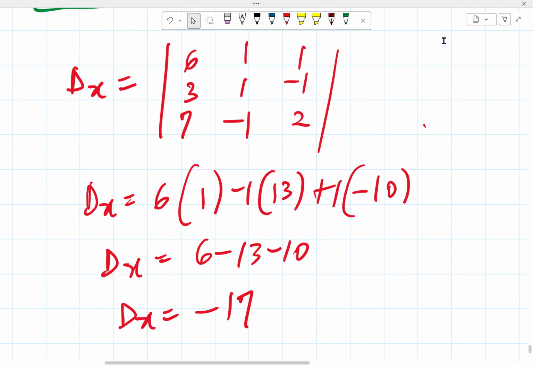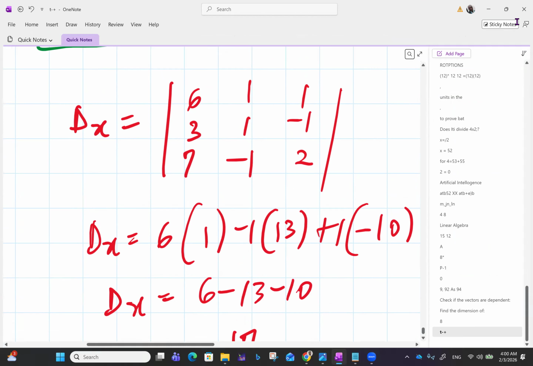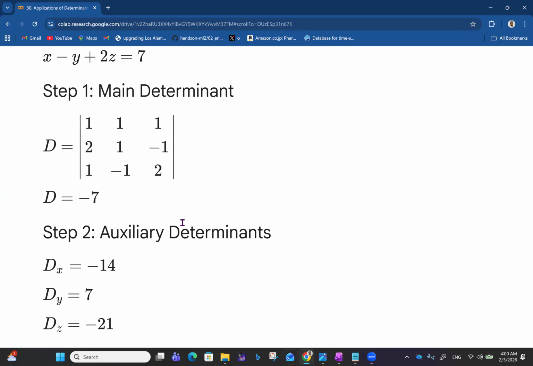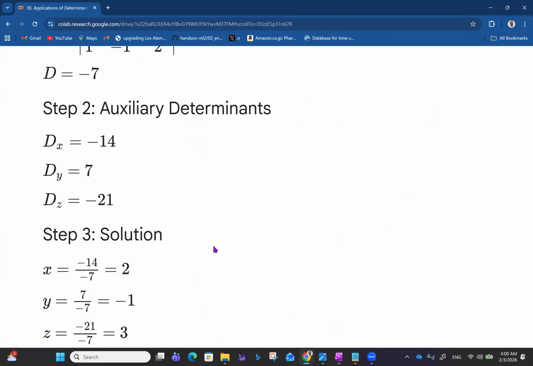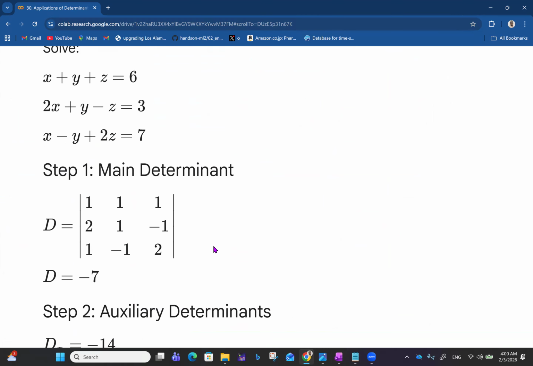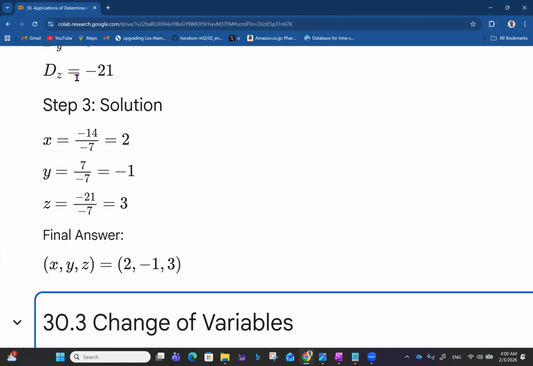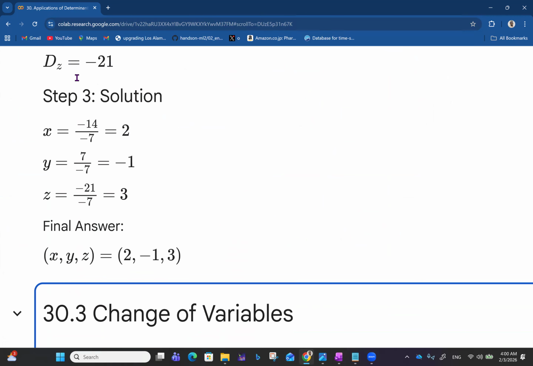Okay. Maybe one way to check is to check if the results work well with the expression. So look at this now. This is 2 minus 1, 3, right? That's XYZ, right? 2 minus 1, 3. That can be correct.